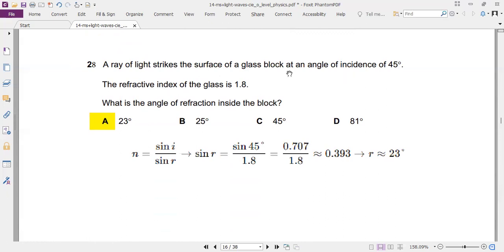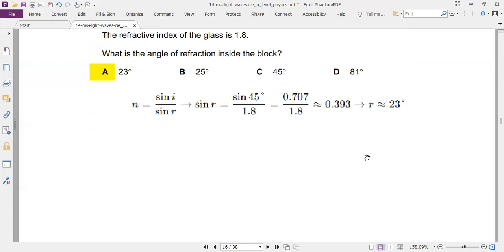The angle of incidence is 45, sine i over n gives you an angle of refraction of 23. Just make sure you're familiar with how this answer is converted into this using the sine inverse operation on the calculator.